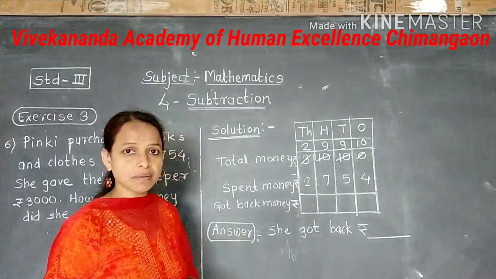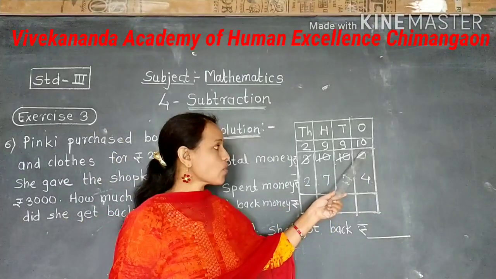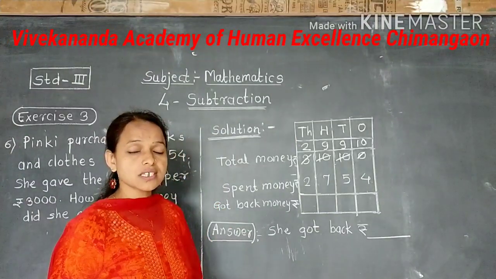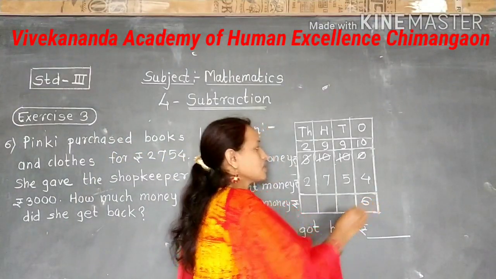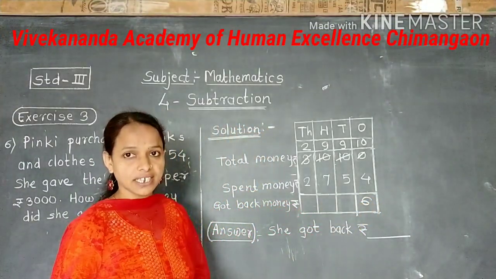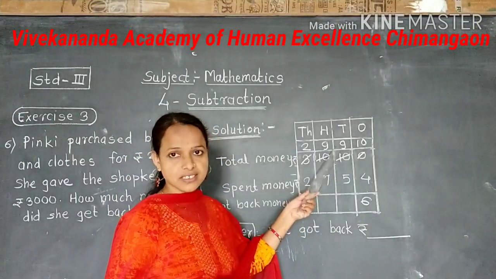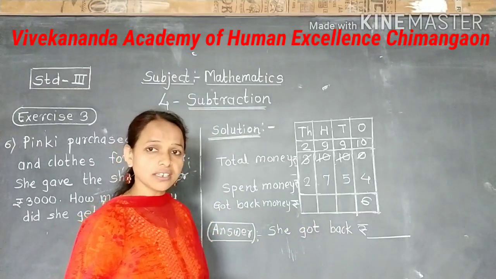Now first we subtract ones. Subtract 4 ones from 10 ones. 10 minus 4 is 6 ones. So we write 6 in the ones place. Now subtract tens. Subtract 5 tens from 9 tens. 9 tens minus 5 tens remain 4 tens.